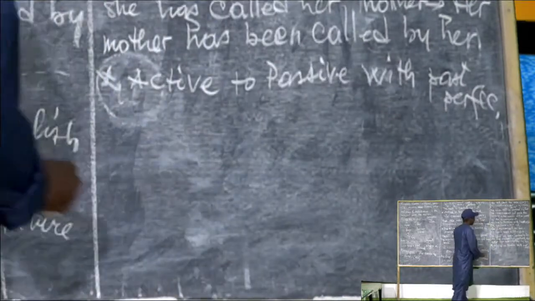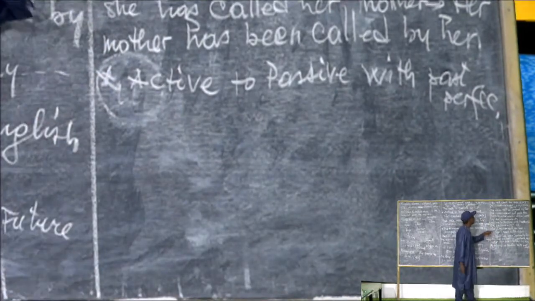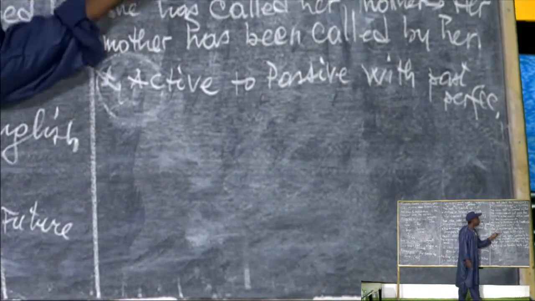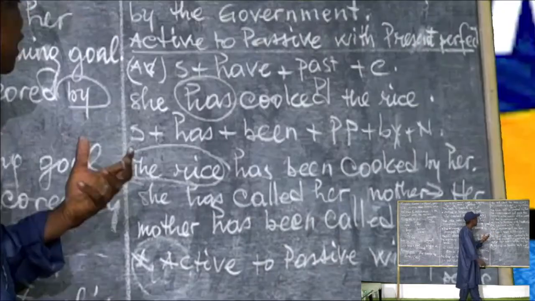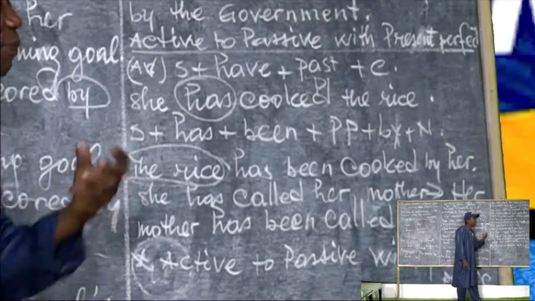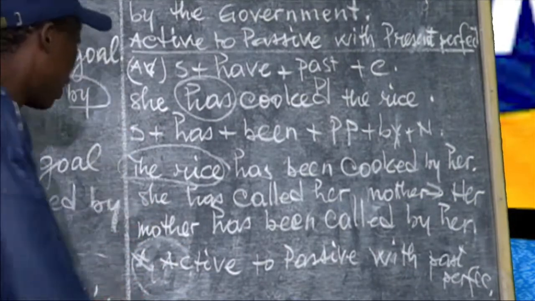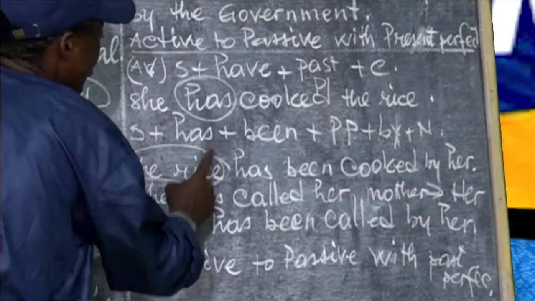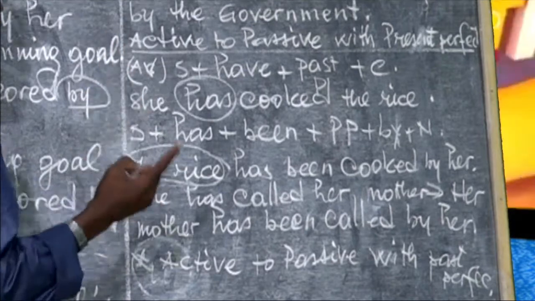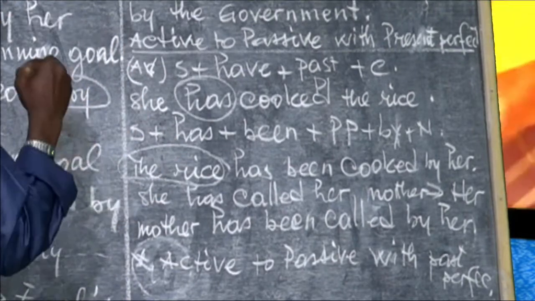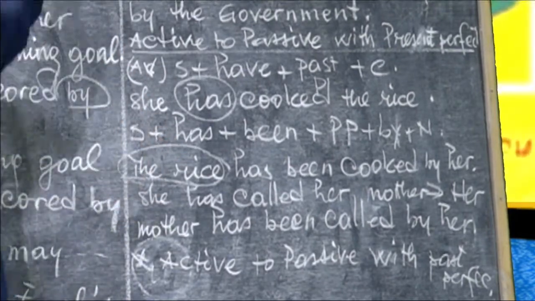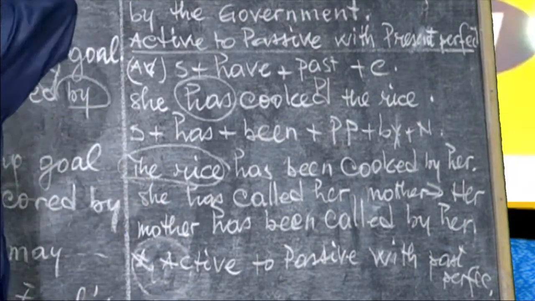In the present perfect, the auxiliary to have is conjugated as has or have. Into the past, the auxiliary to have must be conjugated like the tense, for the action that had been done into the past.